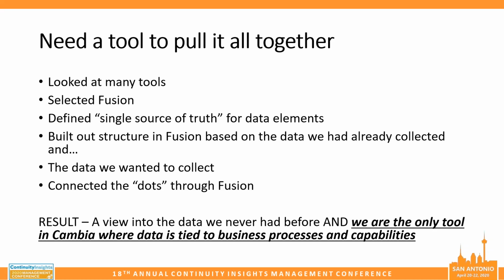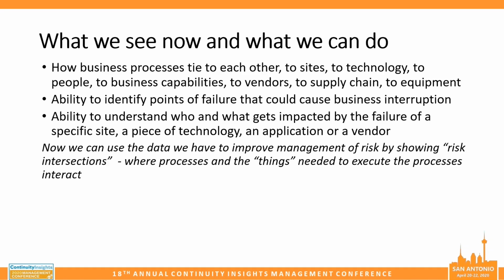The result is we have a view into the data that we've never had before. And we are the only tool at my company where the data is tied to business processes and capabilities. So now, as we've matured the program, we can look at how business processes tie to each other.